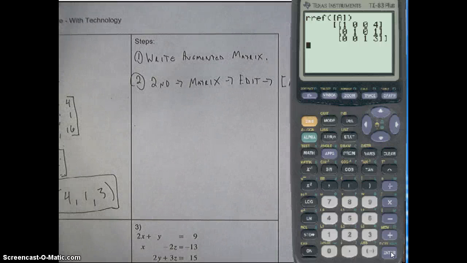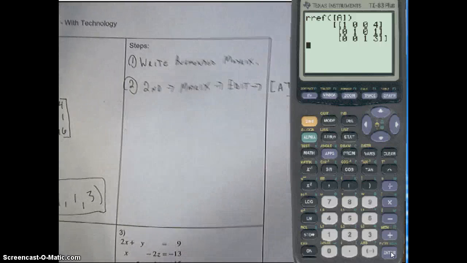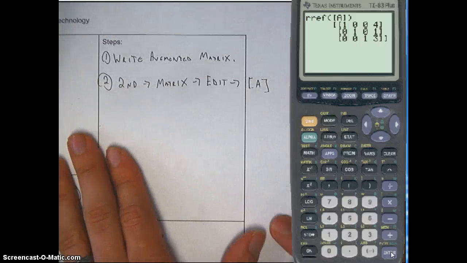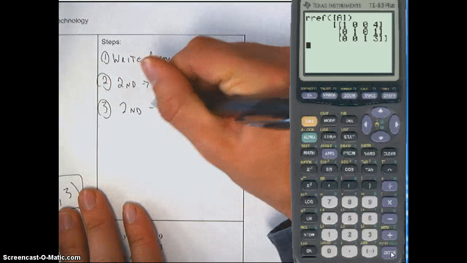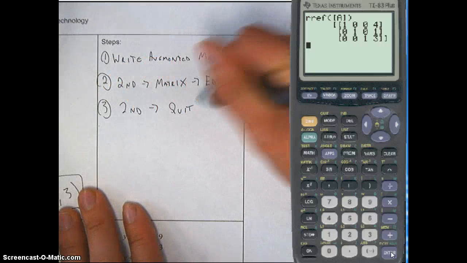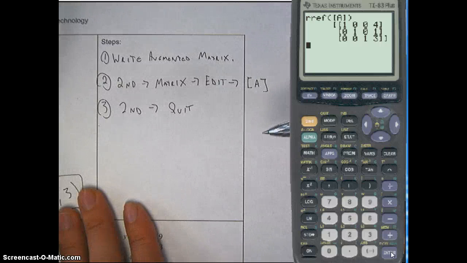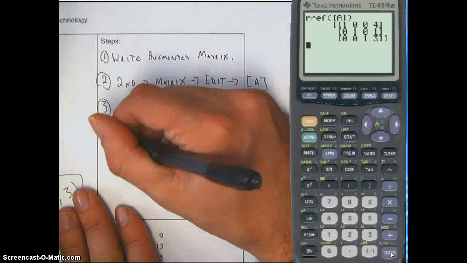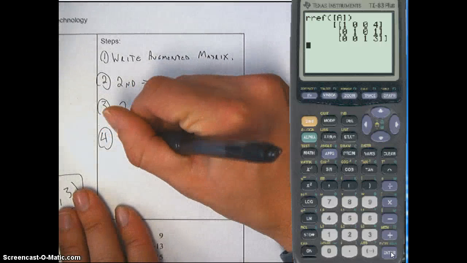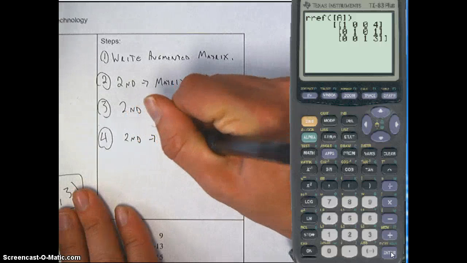Then you quit out to the home screen with second quit. After you've typed it in and you're back at the home screen, you go back to the matrix, second matrix.